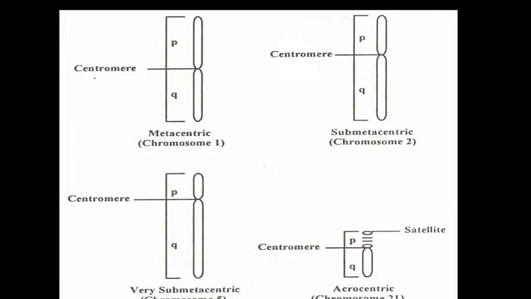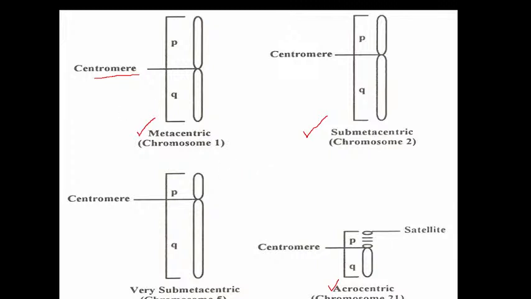Based on the position of the centromere, or this constriction, chromosomes are of different types: metacentric, submetacentric, acrocentric, and telocentric chromosomes.